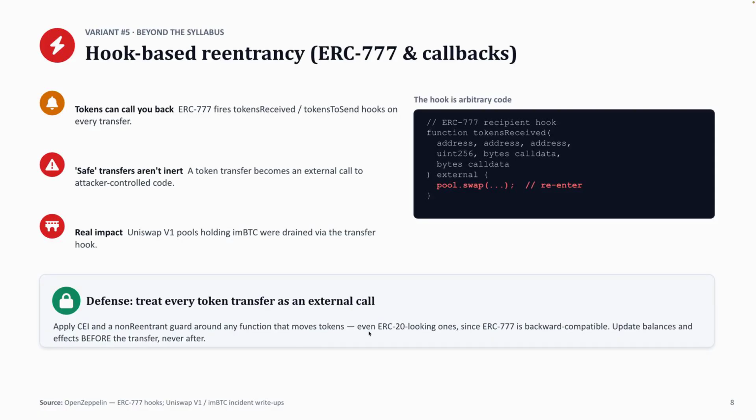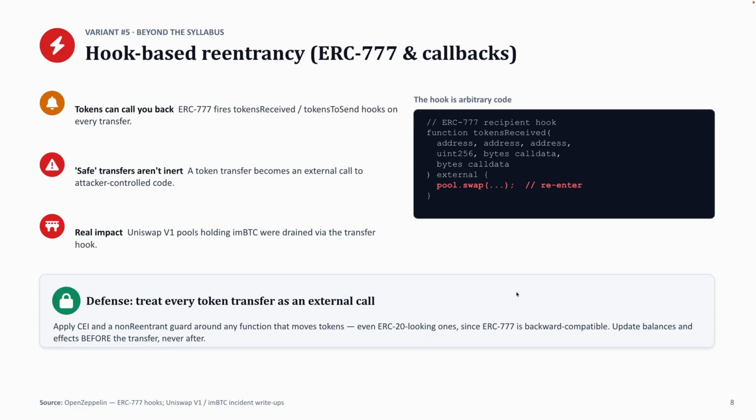The fifth variant of reentrancy is hook-based reentrancy, ERC777 and callbacks. Tokens can call you back. That is, ERC777 fires tokens received or tokens to send hooks on every transfer. The hook is arbitrary code.